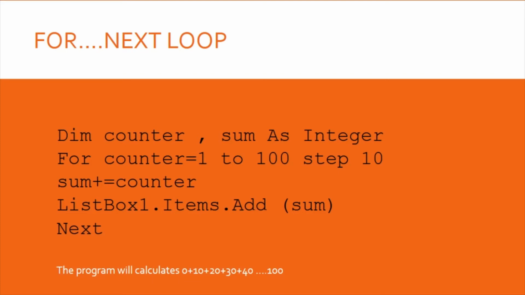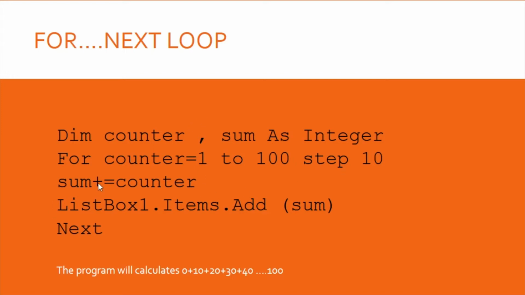Okay, the next example, we declare counter and sum as integer, and then for counter equal to 10 to 100, Step 10. This part is the increment, Step 10. For this step, it can be a positive value and it can also be a negative value.